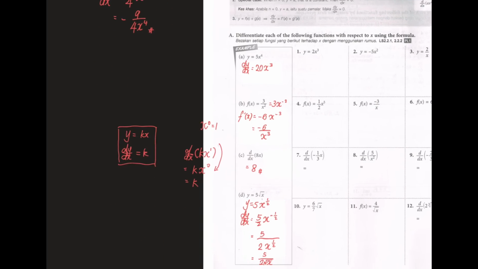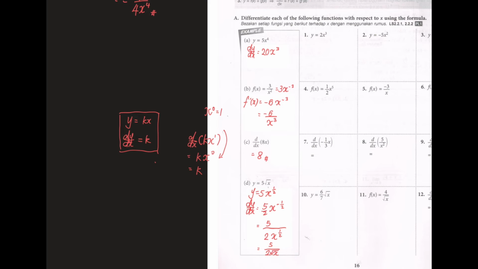So you mean this one? kx becomes k, ax becomes a. So for kx, we don't want the x, it becomes k. For ax, we don't want the x, it becomes a. This is only true for x power 1.